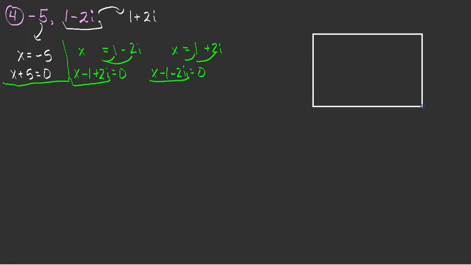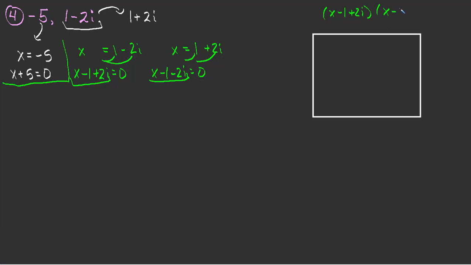So we need a 3 by 3, because we're going to be working on multiplying x minus 1 plus 2i times x minus 1 minus 2i first. And so 3 rows and 3 columns.